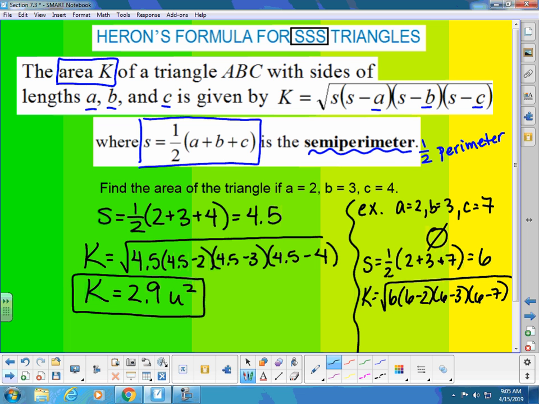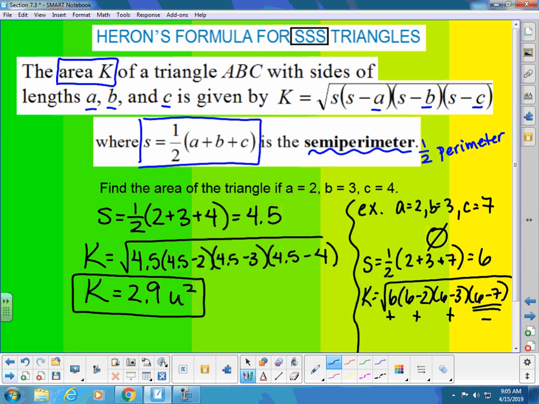Here's what happens. I have a positive number, a positive number, a positive number, and then if I look at this last quantity here, when I try to do the semi-perimeter minus that big side length, it ends up being negative. So if I have a positive times a positive times a positive times a negative under that radical, I'm going to end up with a negative under the radical, and my calculator is going to tell me non-real solution or something like that.